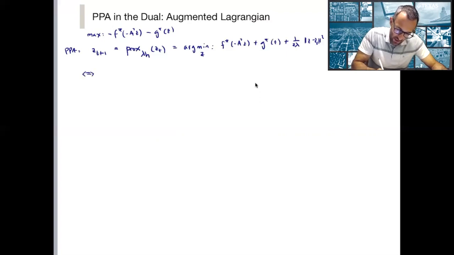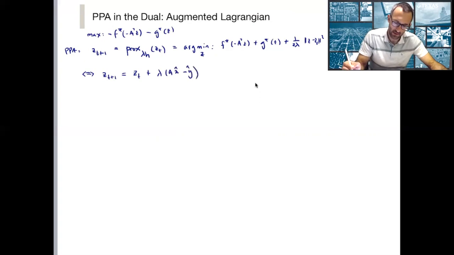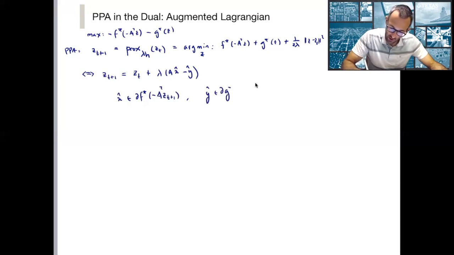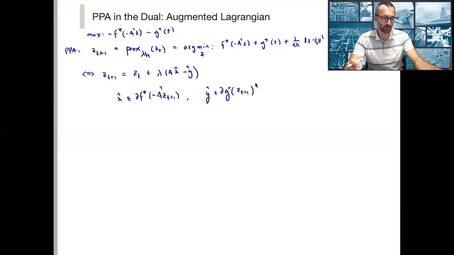Which is the same as writing that z_{t+1}, still copying from two slides ago, is equal to z_t plus lambda times (A x hat minus y hat), where x hat is an element of the subdifferential of f star at minus A transpose z_{t+1}, and y hat is an element of the subdifferential of g star at z_{t+1}. We would be in the clear if it were z_t. Well, we wouldn't be in the clear, we would be back to just gradient ascent.